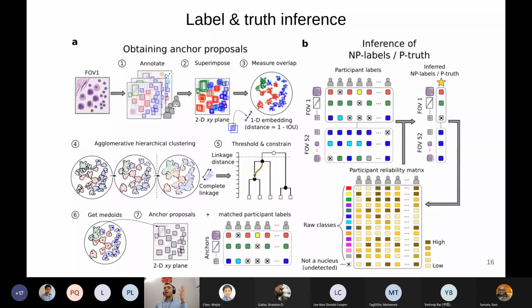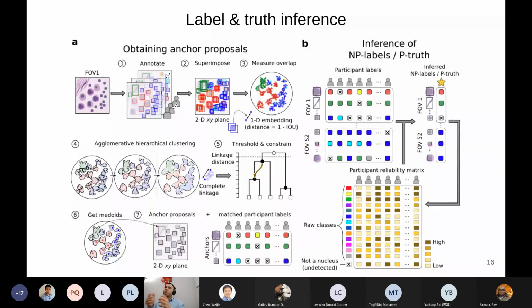We call them anchors, potential locations for nuclei, and the matched labels from the participants, including a quote unquote undetected label, where this person just didn't place a label here. This step is nice because it facilitates doing label inference.